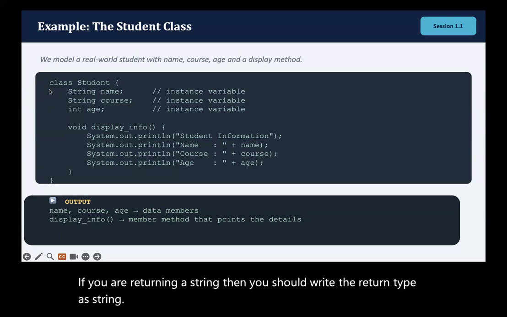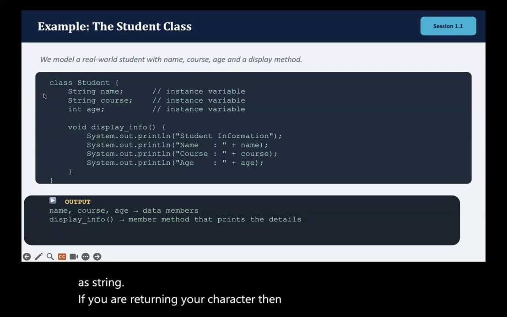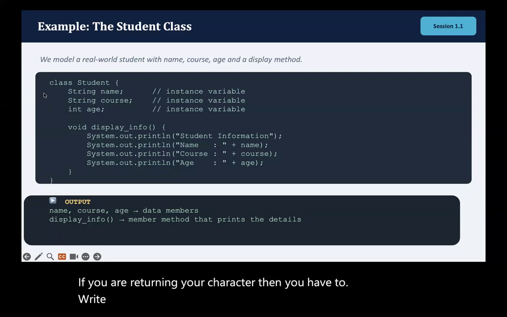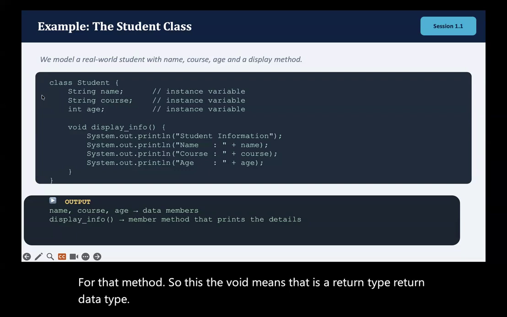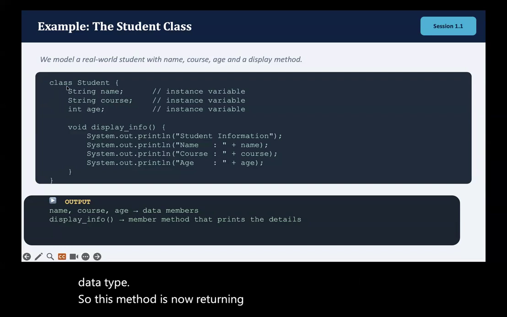If you are returning a character, then you have to write the same return type for that method. So void is a return type, a return data type. This method is not returning anything, so I'm using void, then the method name, and then you write the body of that method.